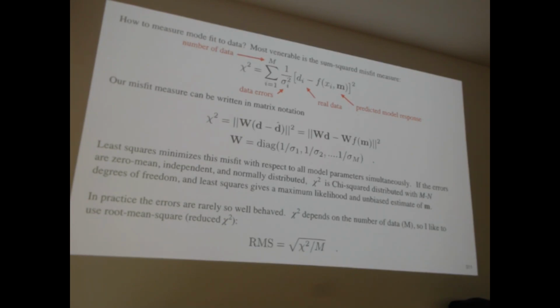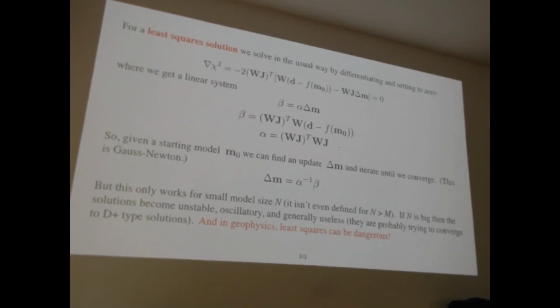But the trouble with geophysics is we often have models that are bigger than our data sets, and our data errors are not always Gaussian and almost never independent.